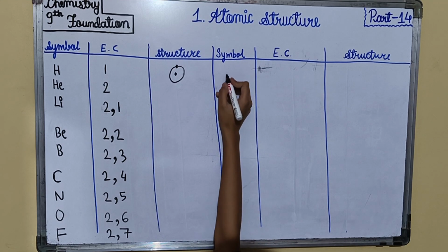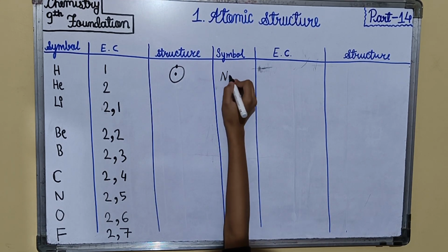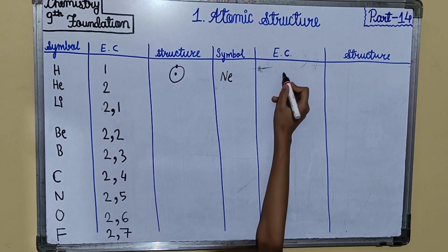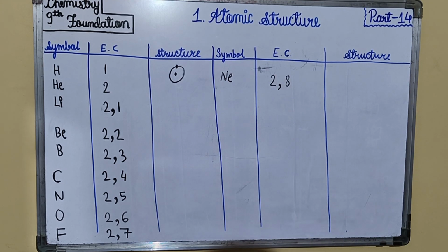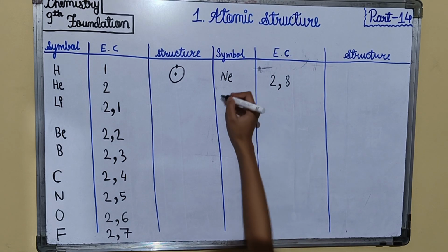Now symbol is neon. Electronic configuration is 2 comma 8. Now sodium.